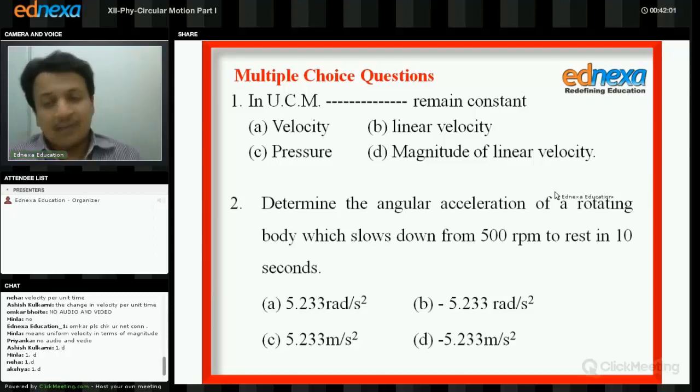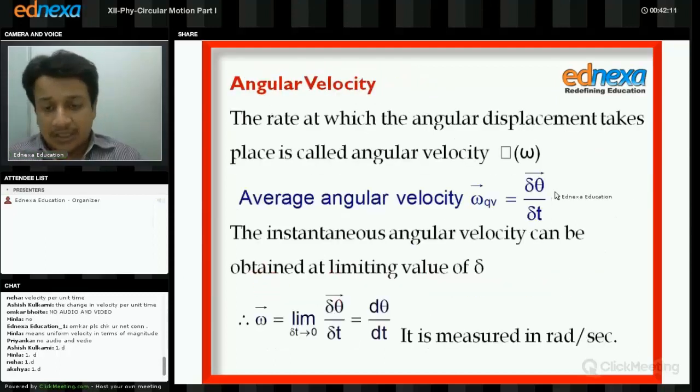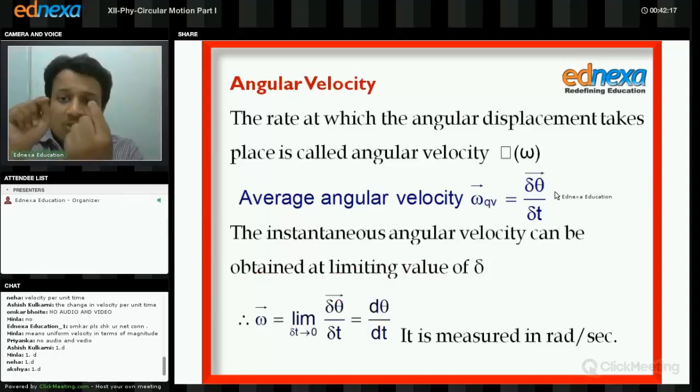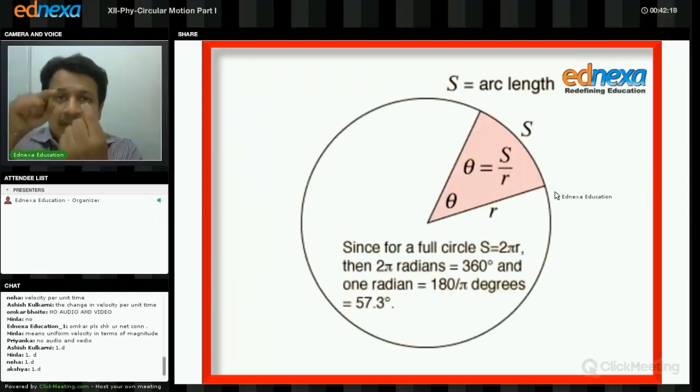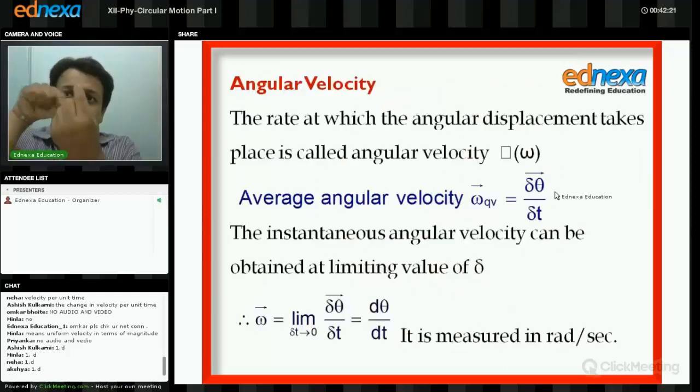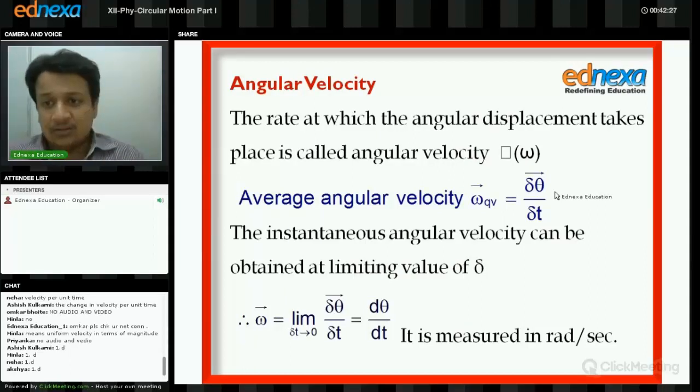How can you find it out? I will give you a hint; I am not going to solve the MCQ. What is the formula for omega? Just discuss: theta upon t, d theta upon t. Is it right? When a particle completes the whole circle, what is the angle covered?